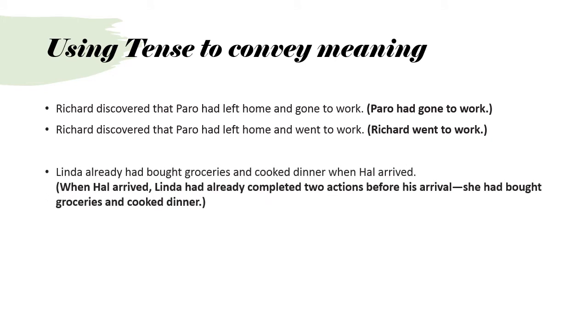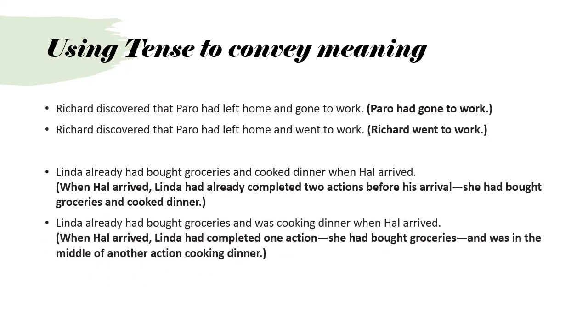Let's look at another example to understand how tense conveys meaning in a sentence. Linda already had bought groceries and cooked dinner when Hal arrived. Now, we find in this case that when Hal arrived, Linda had already completed two actions before his arrival. One is she had bought groceries and she had also cooked dinner.